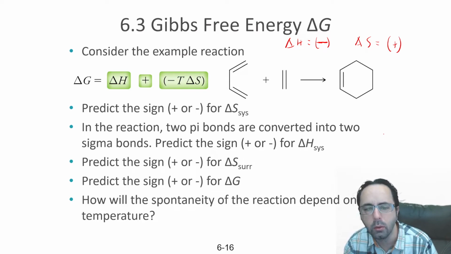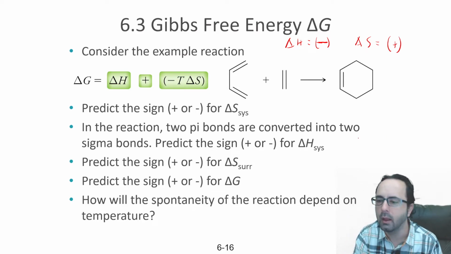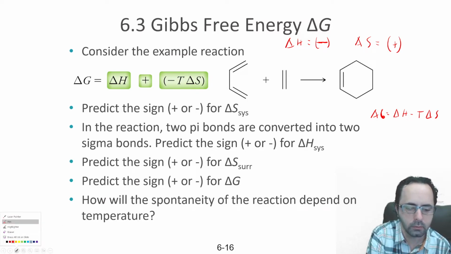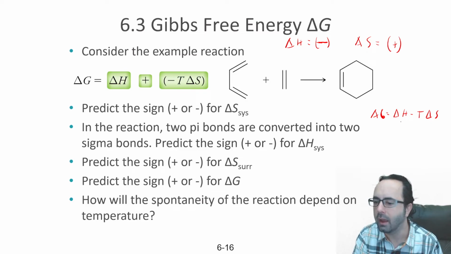Now, when it comes to the spontaneity, we can analyze the reaction using delta G equals delta H minus T delta S. If delta H is negative and delta S is positive, this whole second term will be negative, because we have a negative of a positive.